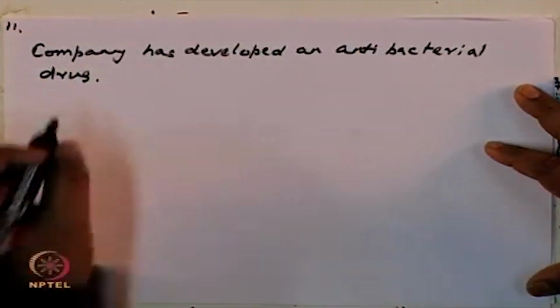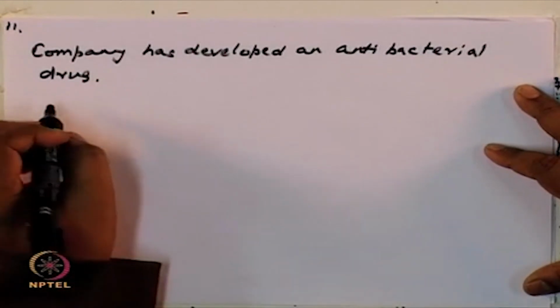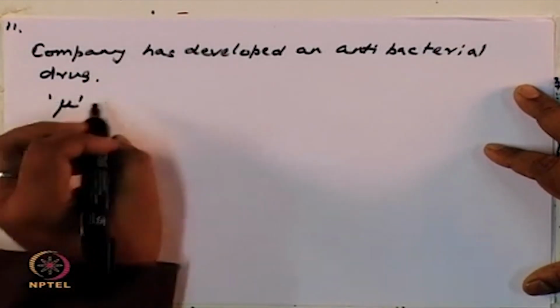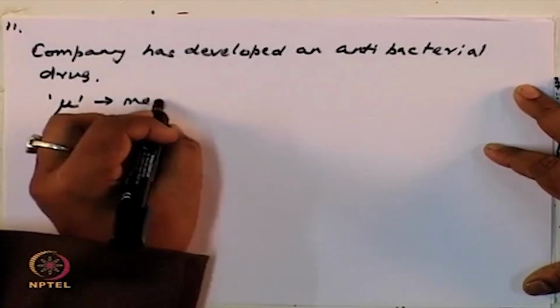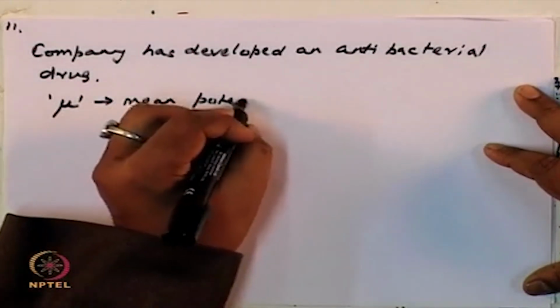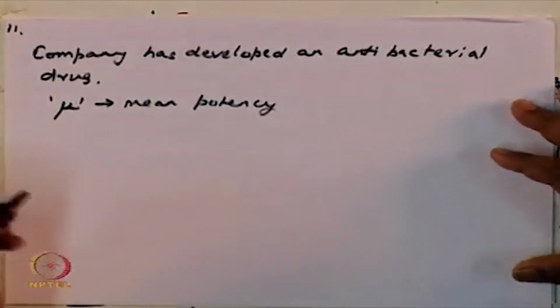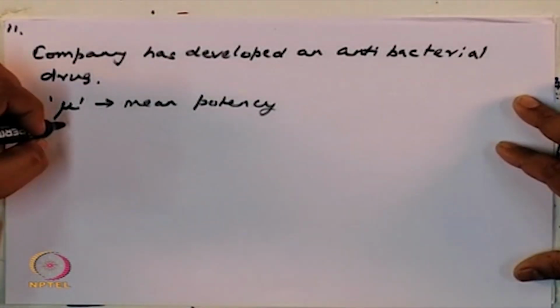For this drug the company can go ahead and find out its mean potency, and the company needs to know whether this mean potency is acceptable as per government norms.